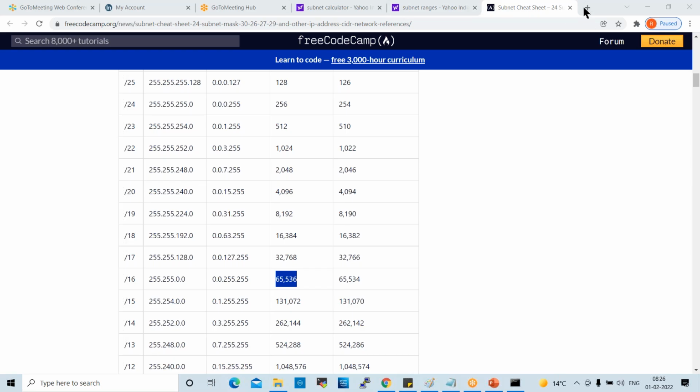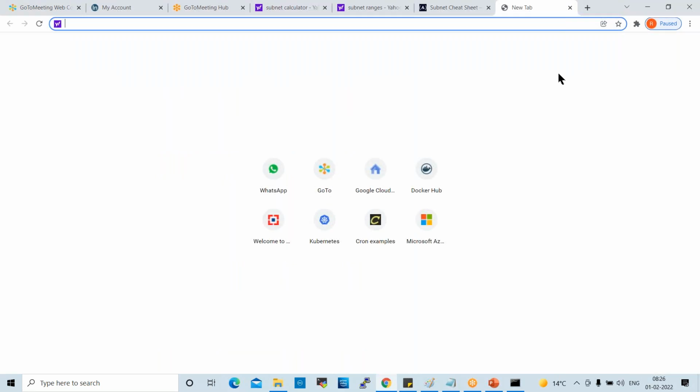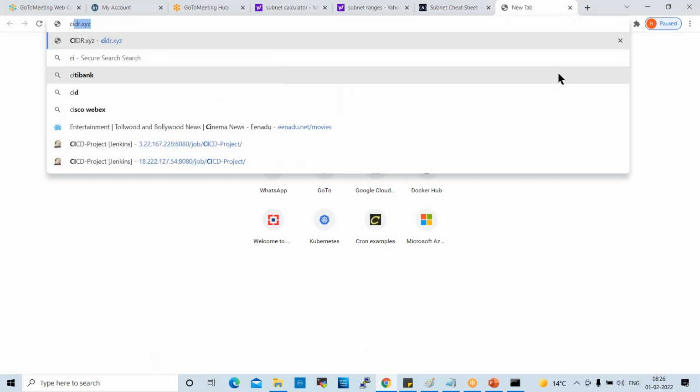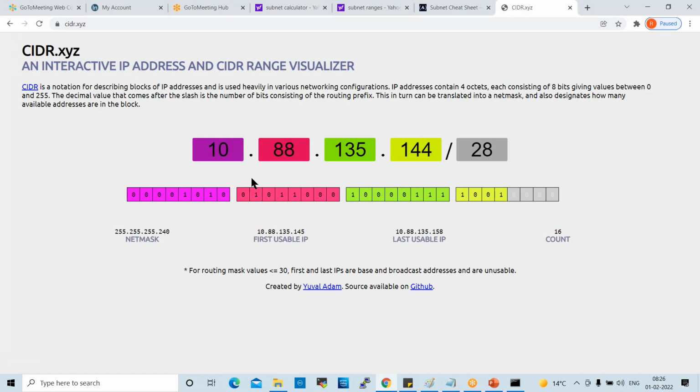And also one more example I give you: CIDR.xyz. For example, I give 10.0.0.1/29.